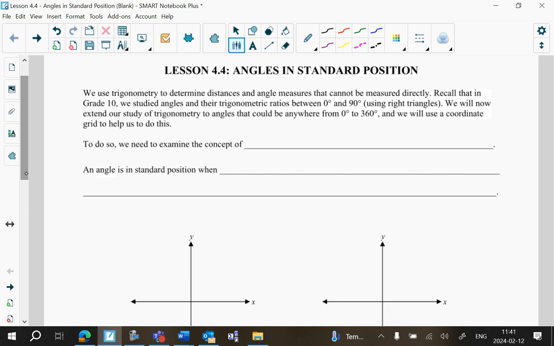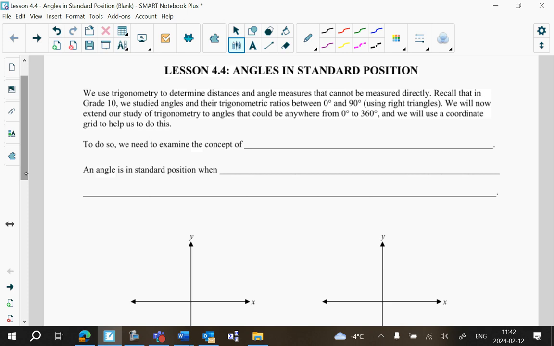So how do you make a right triangle out of an obtuse angle? Well, you really can't. But you can create a right triangle to use as a reference to help you find it. Okay? So to deal with angles in trig, we're going to sketch them on coordinate grids.